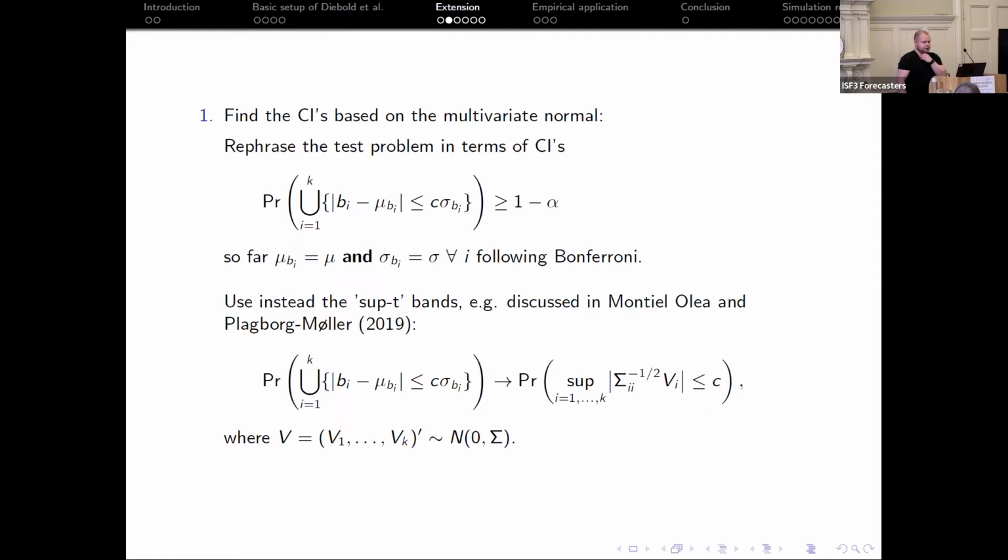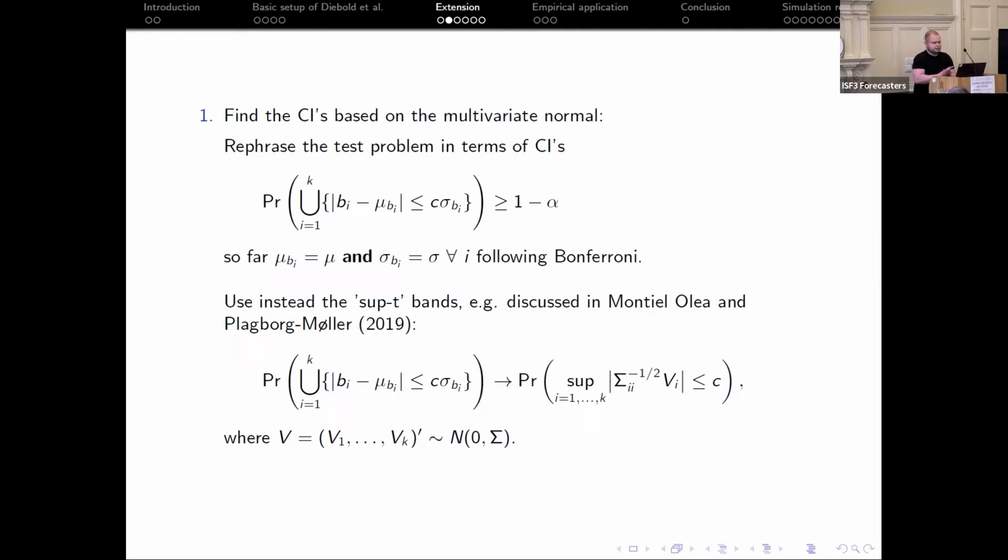And mu is the expected value of each bin. That's what we know under the null, right? We know this should be standard uniform, so that is 1/k. What we also try to estimate is the standard deviation of each bin, sigma b_i. Before, if you use Bonferroni, for example, we basically assume we have the same variance for all bins, and the only thing that changes is the significance level alpha due to the Bonferroni inequality.